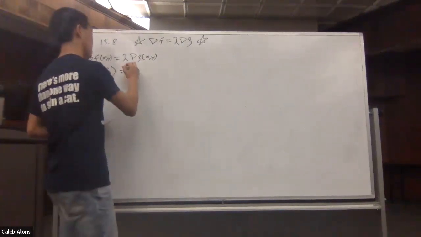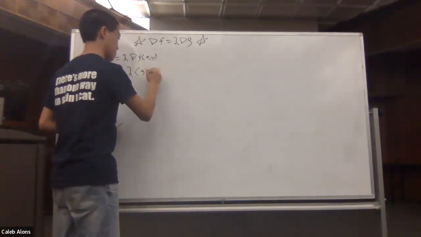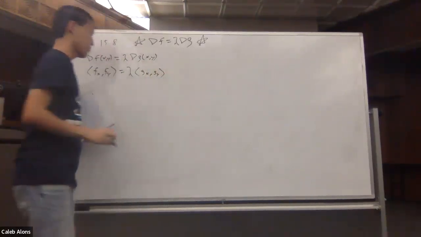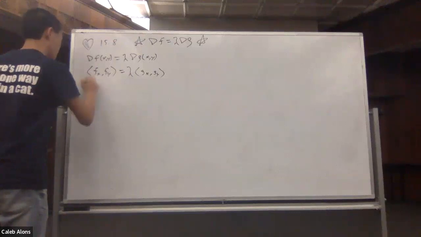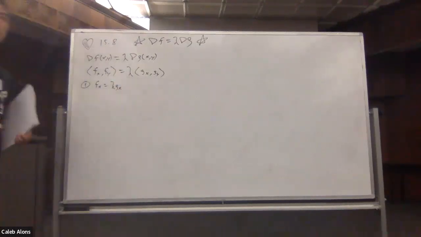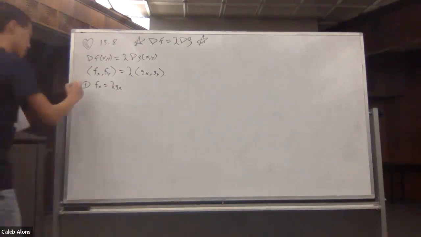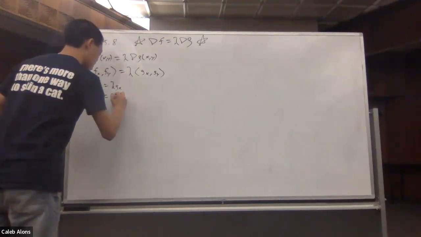So then lambda times what? Yes. So what we've done is we've effectively created a system of equations. Equation 1 is going to be f_x equal to lambda g_x. Equation 2 is going to be f_y equal to lambda g_y.